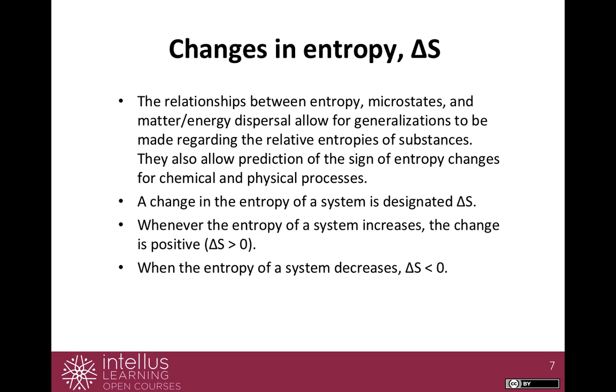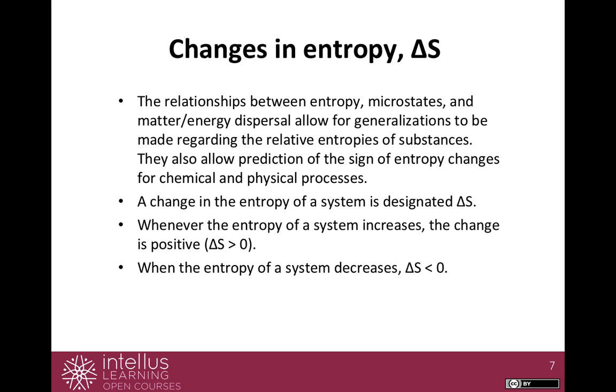So when we're looking at a system, if it is going from a solid to a liquid, that increases the disorder, so delta S would increase. When entropy of a system decreases, delta S is less than 0.